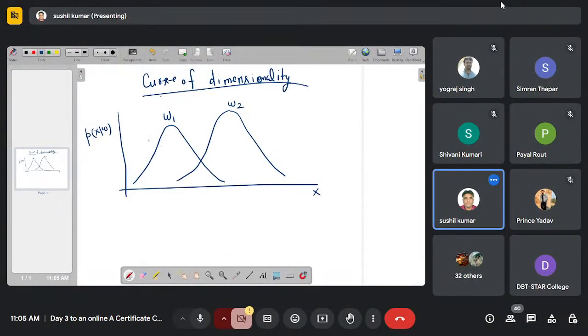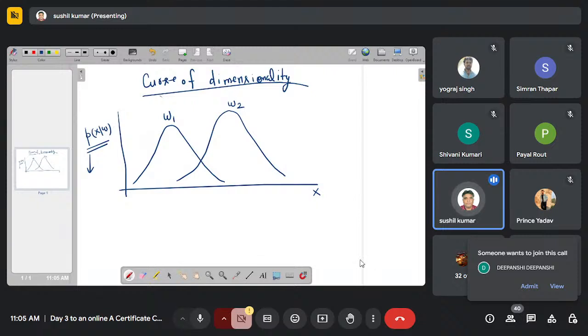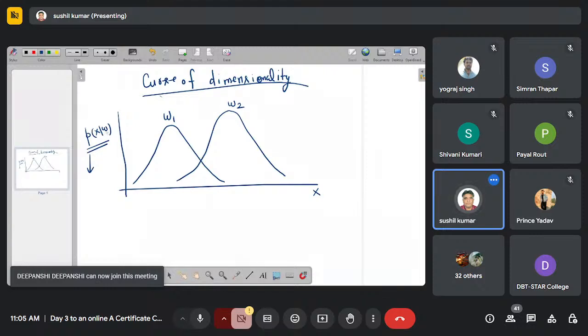When I am writing P here, this is the probability of X in omega, the probability of one feature in the omega class. I have two classes here, omega 1 and omega 2. Suppose we have a feature vector y of another class.